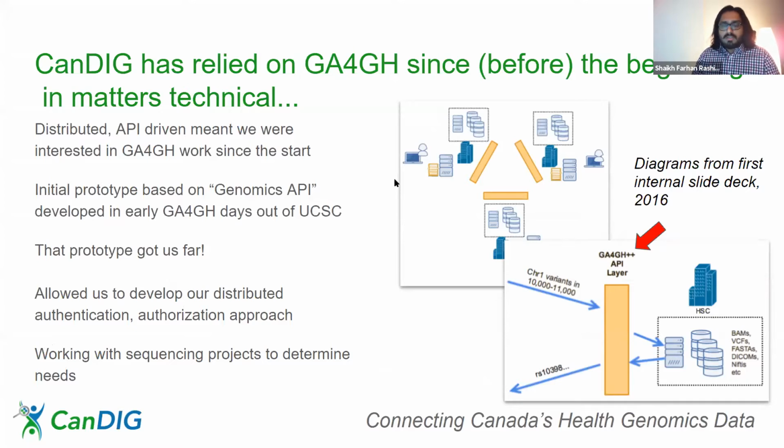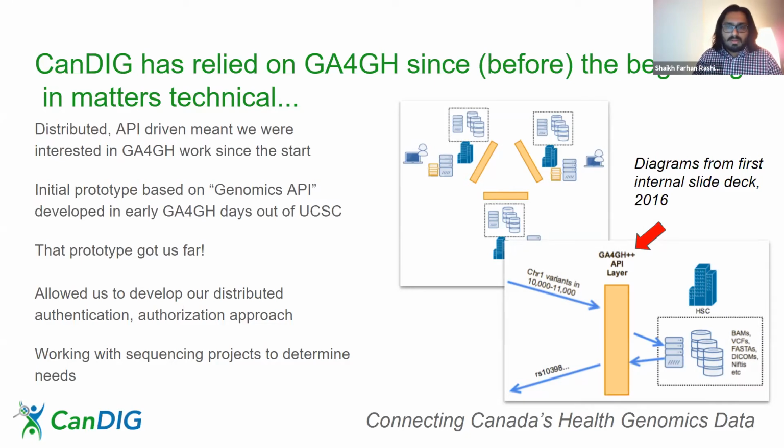But the GA4GH has always played a pivotal role in the formation of CanDIG and the work that we do in order to build this distributed genomics platform. For instance, one of the key decisions and driving forces behind CanDIG from a technical perspective is that we build this platform to be API driven, and based on that, we needed to have a sense of which API standards we could implement in order to make that happen.